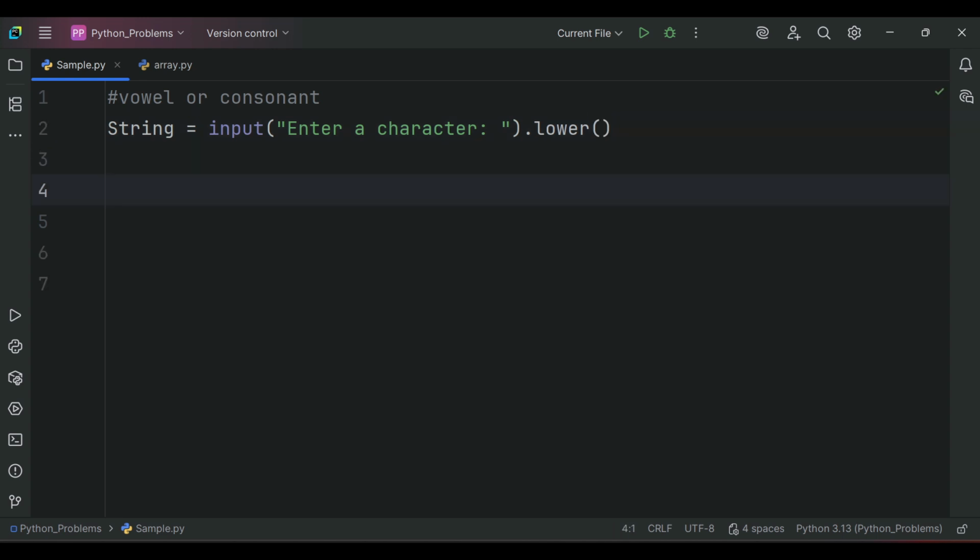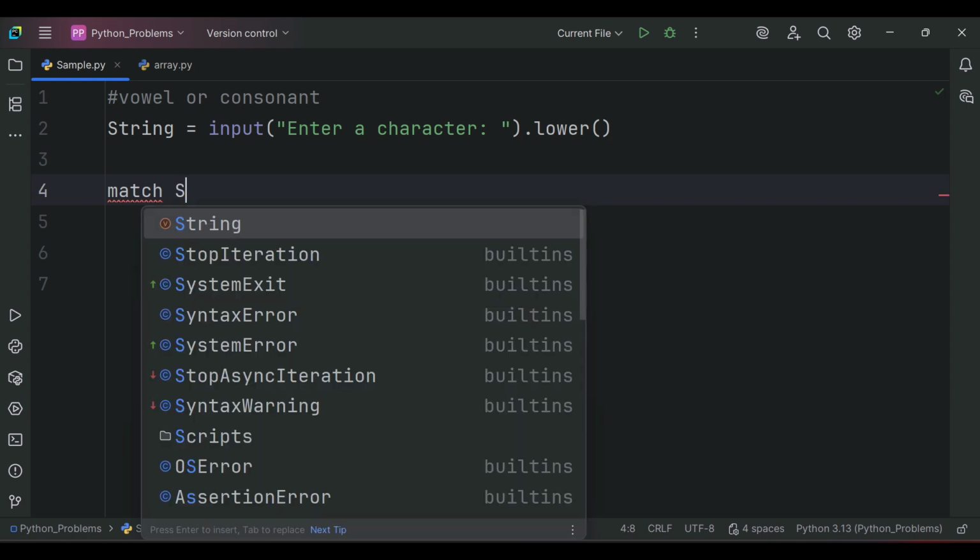Now see here, already in match case we discussed, right? Multiple conditions we can write in a single case. Based on that, first here I am taking match and string.